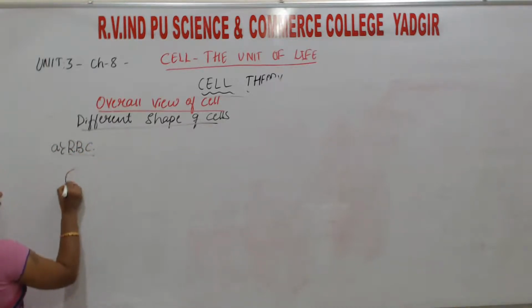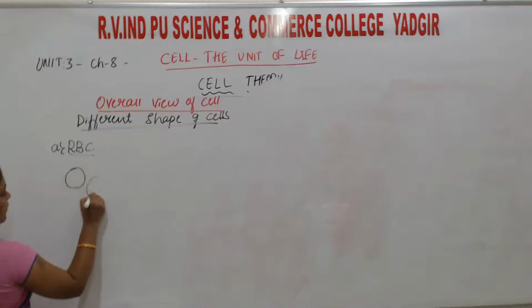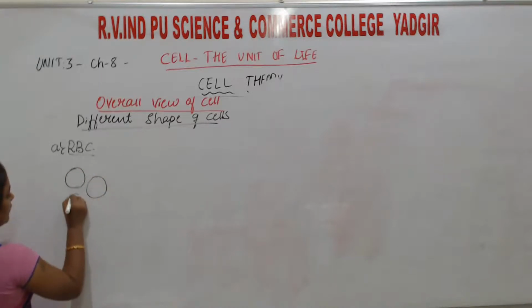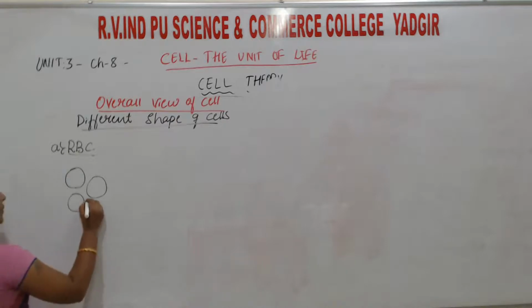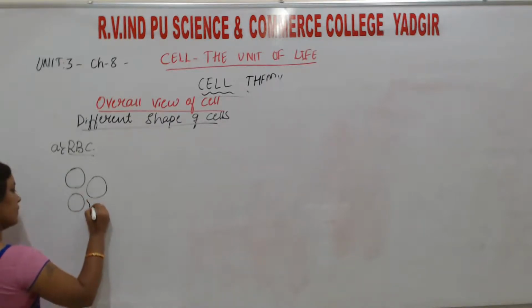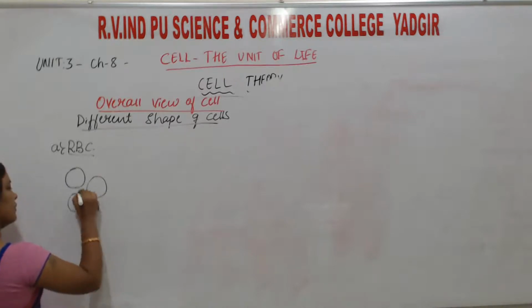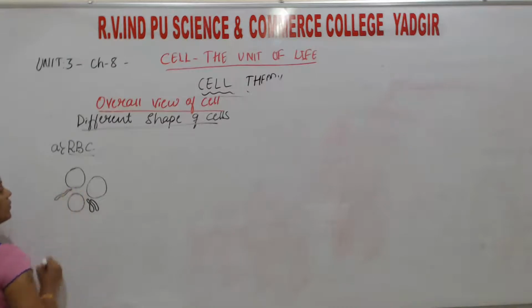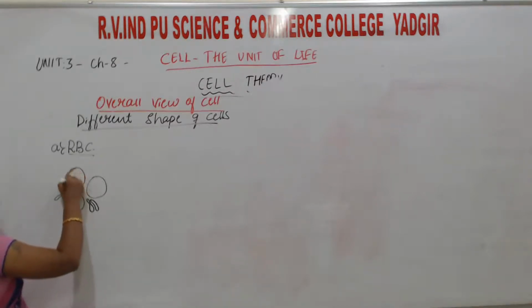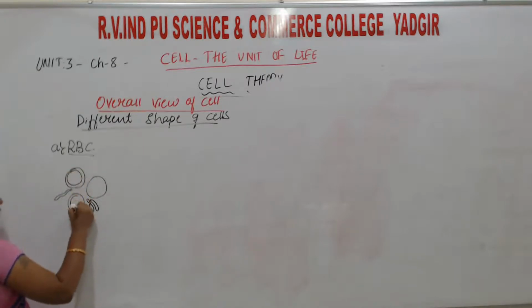So if we see RBC, the RBC structure is like a disc shaped structure.